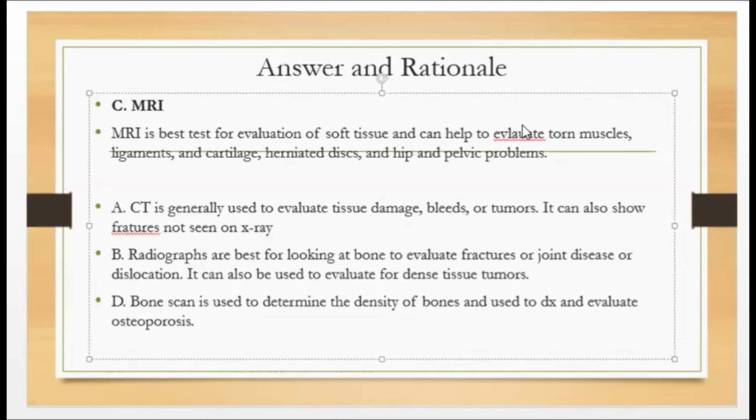If you are suspecting something like that, the answer is usually CT without contrast. Okay, CT without contrast, that is what they want you to know. CT without contrast, because as long as you are suspecting bleeding inside the brain, we always use CT without contrast for the exam.